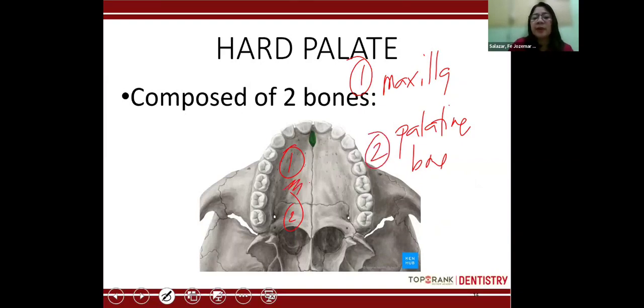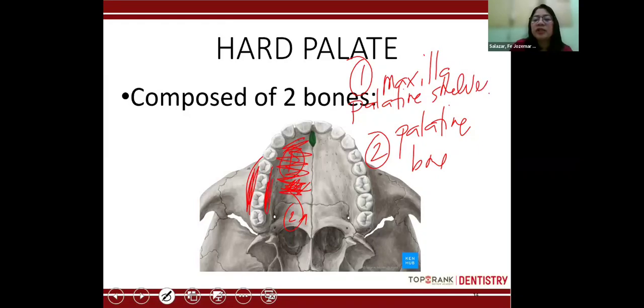But what is this part? The maxilla has many parts, and the palatine bone also has many parts, right? So which specific part of the maxilla makes up the hard palate? What do you call this part of the maxilla? This is also part of the maxilla, but you call this the alveolar process. How about this? What part of the maxilla is that? That is your palatine shelves.